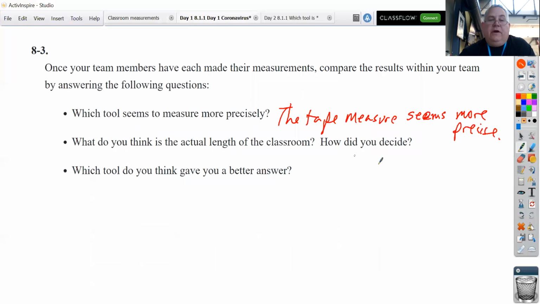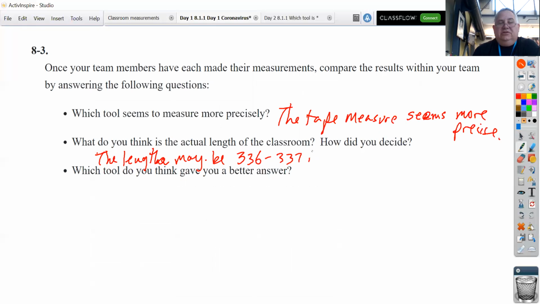So if I were going to answer that one, the length may be 336 to 337 inches based on the data from the tape.